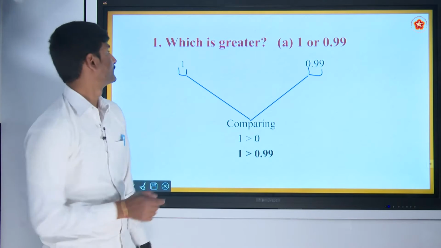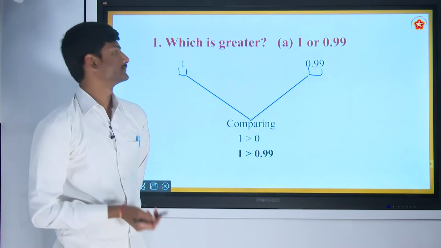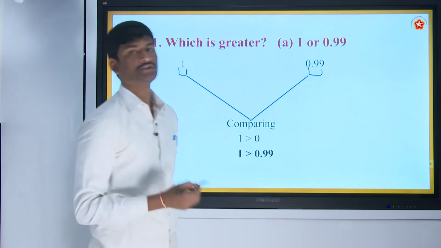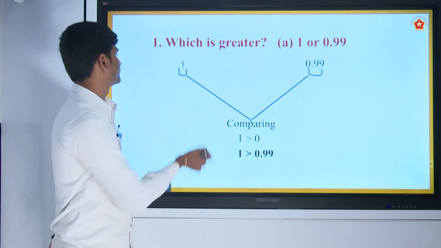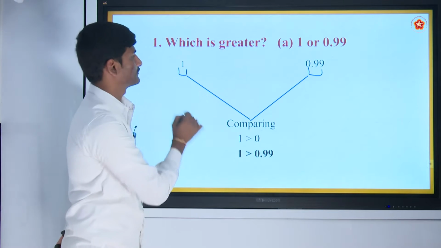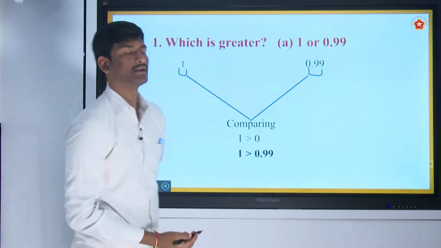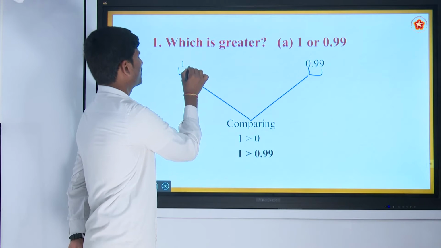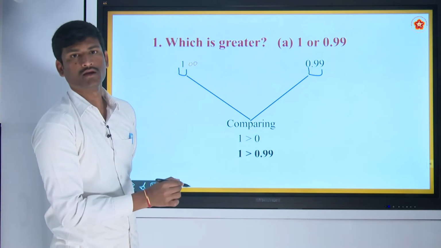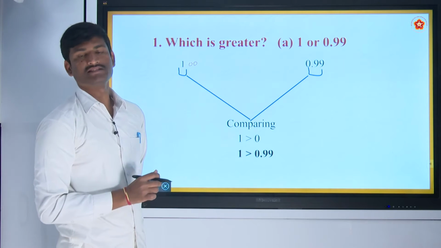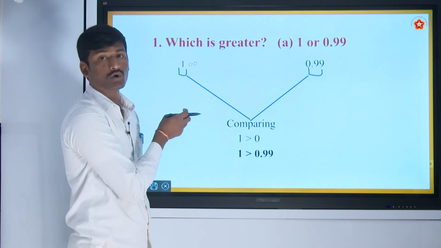In the first question, which is greater, 1 or 0.99? First, we write 1 as 1.00 and the other as 0.99. In comparing decimals, first we compare the whole number part.